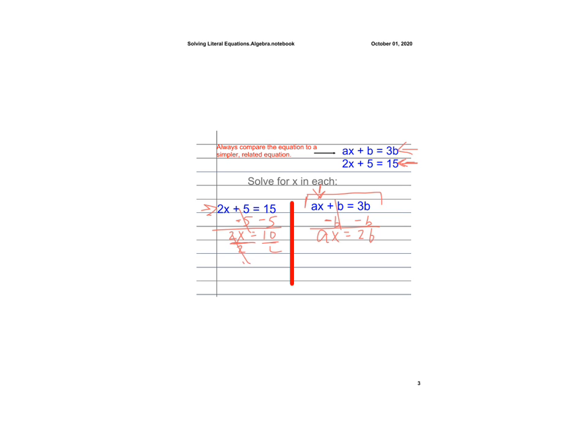I divide by 2, so x equals 5. Over here, I want to get x alone, so I divide by a, so x equals 2b over a. So the main difference is that our answers look a little bit different. This is a numeric answer. This is an expression answer. So I can't actually have an answer for 2b divided by a, so I just leave it.